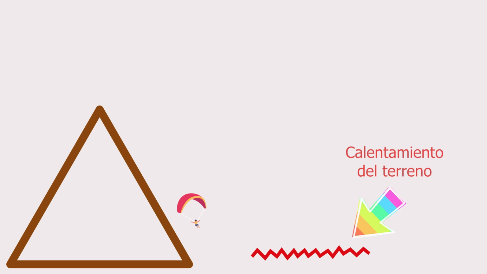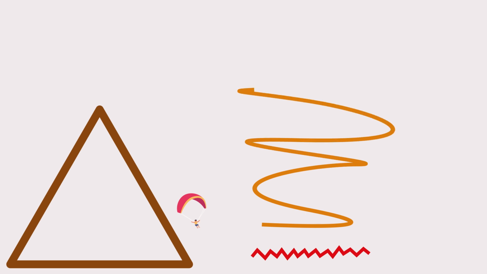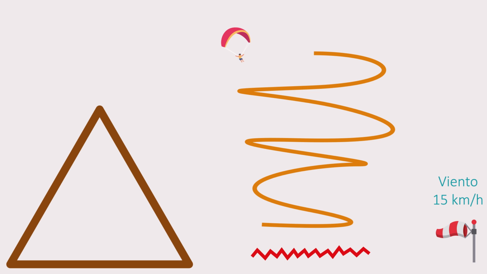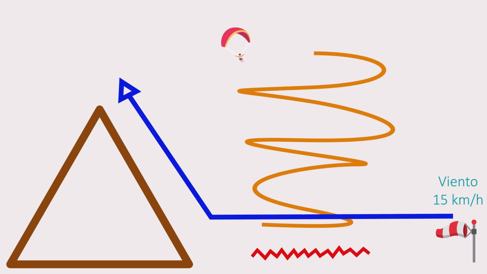Certain areas on the ground heat up more than others, causing thermals to rise. The most efficient way to use these thermals is by making 360-degree turns within them, which we call spiraling into a thermal.